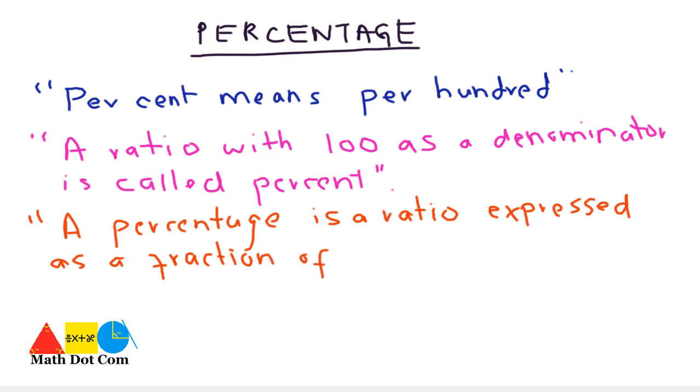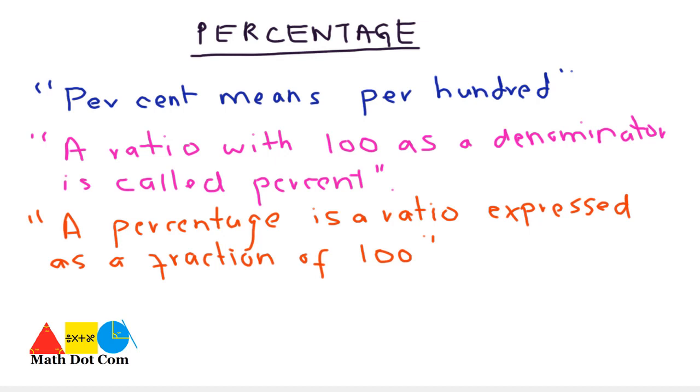It means if there is a fraction where 100 is in the denominator, then it is a fraction of 100. So these are a few definitions stating what a percentage is about.